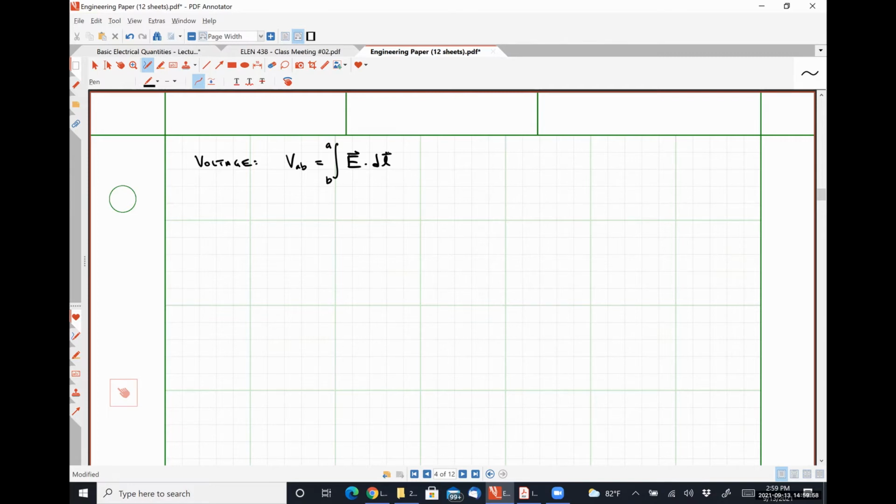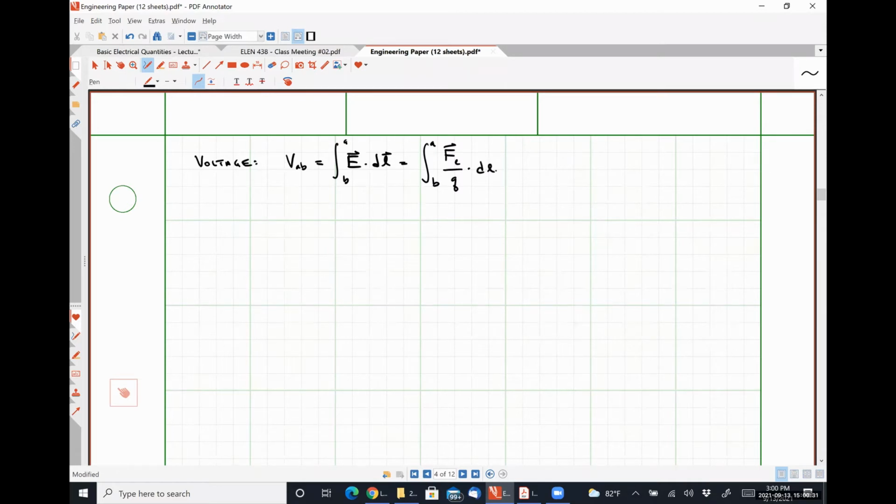I'm gonna change my electric field vector into something potentially a little bit more recognizable. I don't know why I wrote my bounds of integration on the wrong side of the integral a moment ago. So the electric field is nothing more than the electrostatic force divided by the charge that's provided, okay?